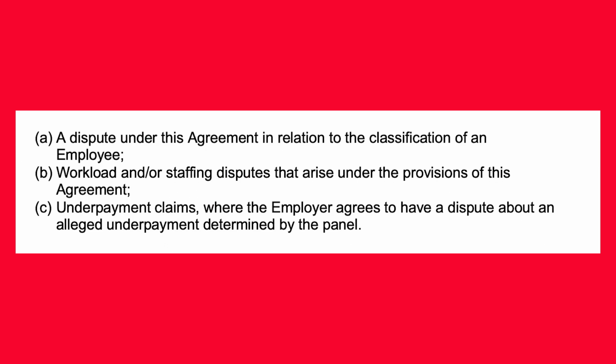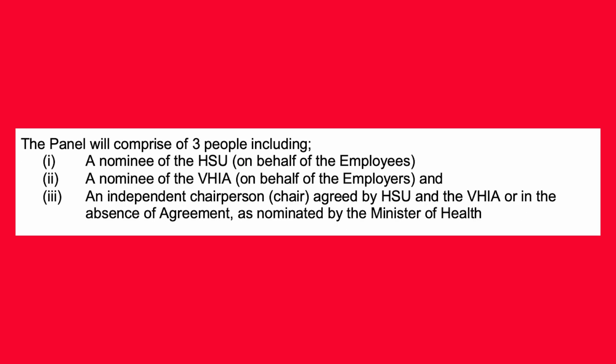So who makes up the panel? So the panel will comprise 3 people, including a nominee of the HSU on behalf of the employees, a nominee of the VHIA on behalf of employers, and an independent chairperson agreed by HSU and the VHIA, or in the absence of agreement, as nominated by the Minister of Health.